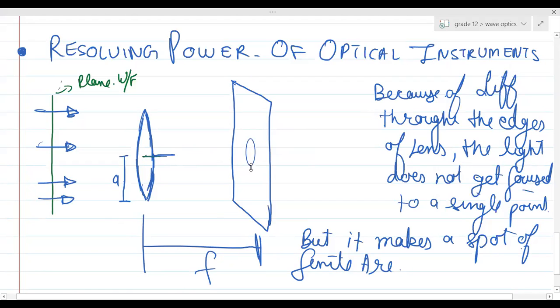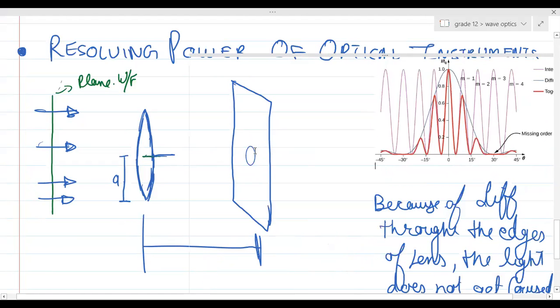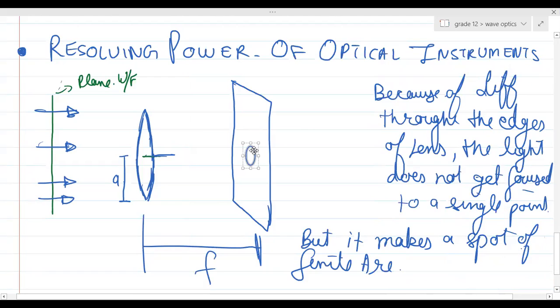There will be a small circle, followed by a disk, or you can say a ring-like structure.